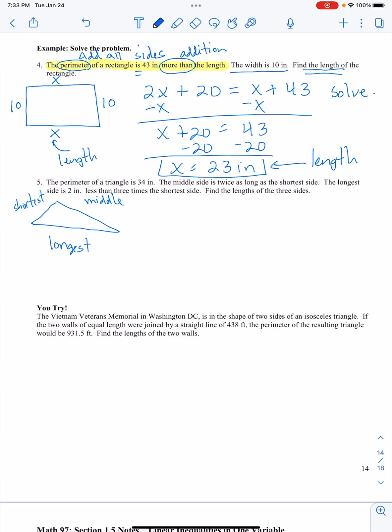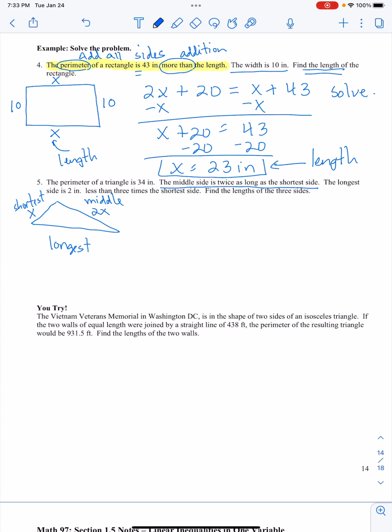So now we have to utilize finding the comparison statements. So right here, the middle side is twice as long as the shortest side. So that's a comparison statement. It's comparing the middle side to the shortest. So if we let the shortest side be x, the middle side is twice as long. So that means 2x.